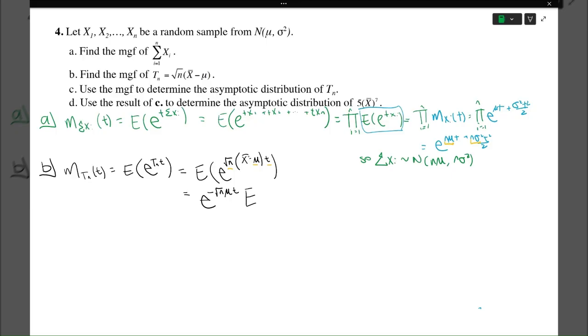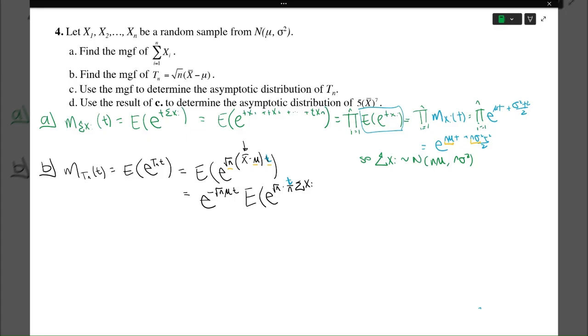The random stuff is all in the x bar. So it's going to be e to the radical n, and I'll rewrite x bar like this. Why? Because I want to get that summation of the xi's. And then we'll have the t. Okay, so I'm going to take that t and put it right here. You'll see why in a second.